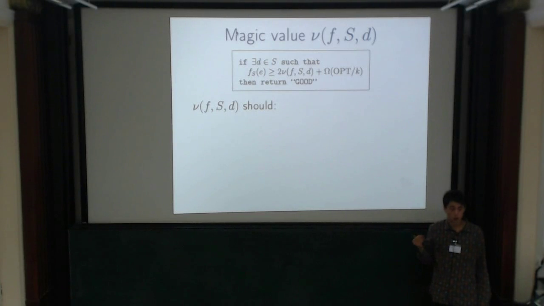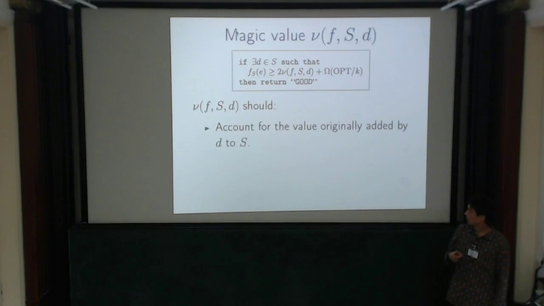So what should my magic value eta be like? This is going to tell me what I put into the buffer. First, when I'm trying to extract out the approximation ratio, it really helps if I can account for the value that I originally added to S once upon a time. So when we do the written proof, this is a really good thing to keep in mind. The next thing I want eta to satisfy is, as S changes, loosely speaking, the value of its members will go up and down.